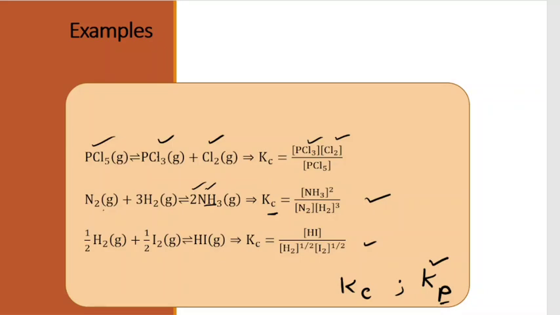What is meant by partial pressure? The pressure exerted by one of the gases in a gaseous mixture is the partial pressure, which you came to know in the states of matter chapter. Anyhow, let's see how to write the Kp value for a particular reaction.